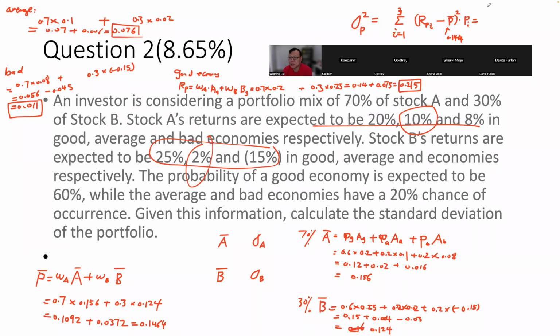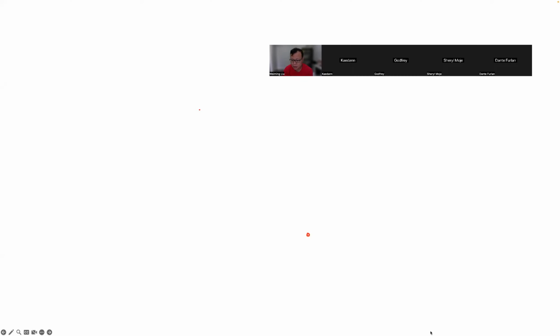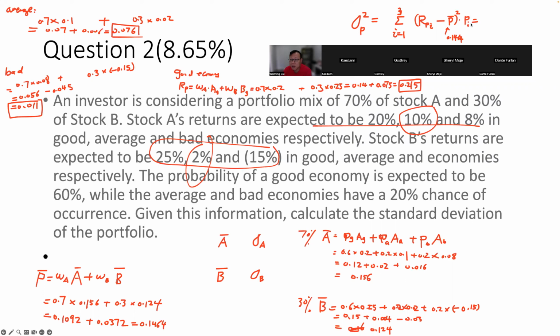Now, when you use this equation, there are three terms. When the economy is good, the probability is 60%, times the portfolio's return when it's good, 0.215, minus the average we calculated, 0.1464, squared.